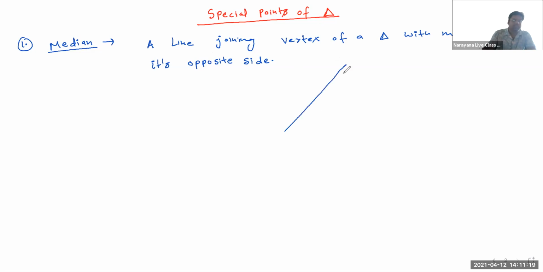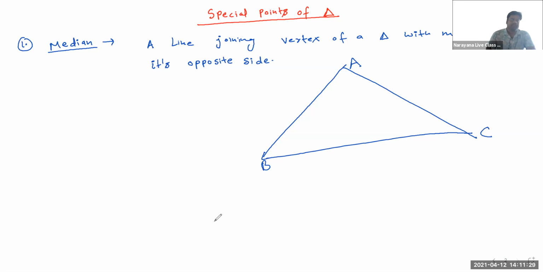So what is the opposite side of a vertex? Let's take a triangle ABC. There are 3 vertices in the triangle, and the side opposite to vertex A is BC, the side opposite to vertex B is AC, and the side opposite to vertex C is AB.